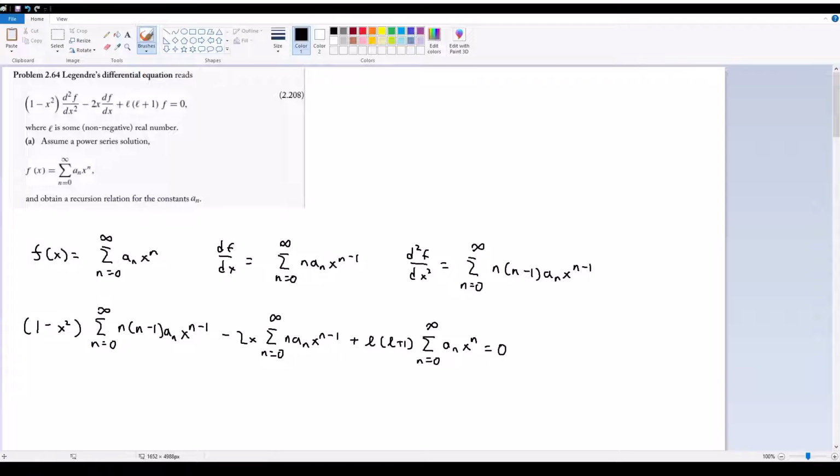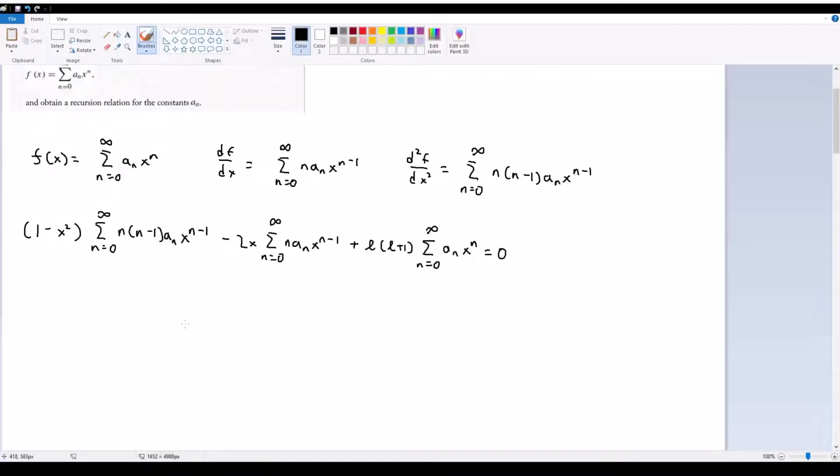I'm going to use distributive property, and I'm going to expand this a little bit, and this is going to give me a summation from n equals 0 to infinity of n times n minus 1 times a_n times x to the n minus 2. And then this is going to be subtracted by the summation from n equals 0 to infinity of n times n minus 1 a_n x to the power of n.